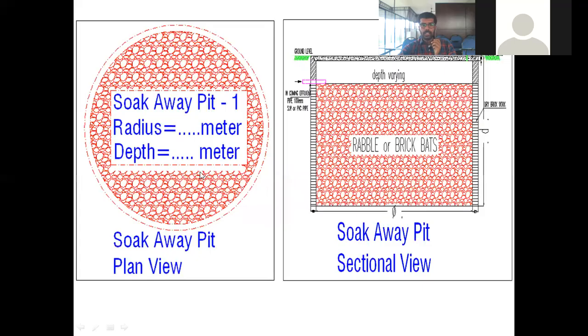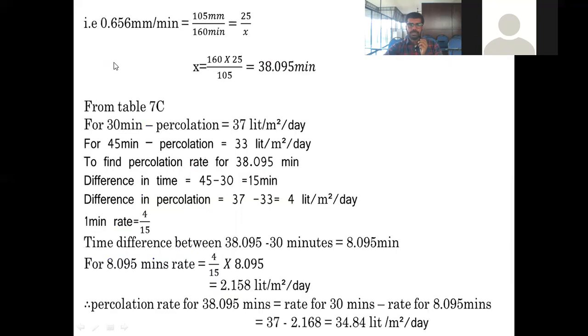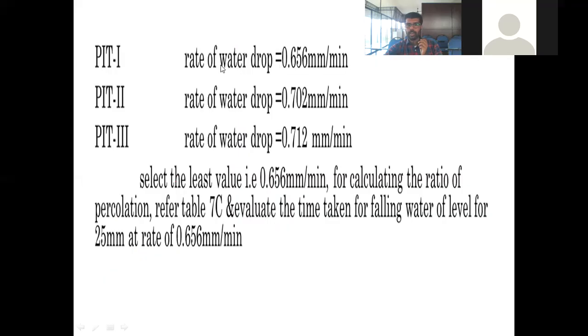So this is the short method. We have already seen the round method. Now we are going to find the percolation time with respect to 0.656 mm per minute, because we have taken this one only.